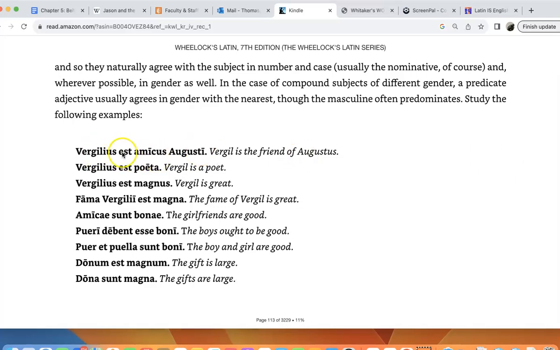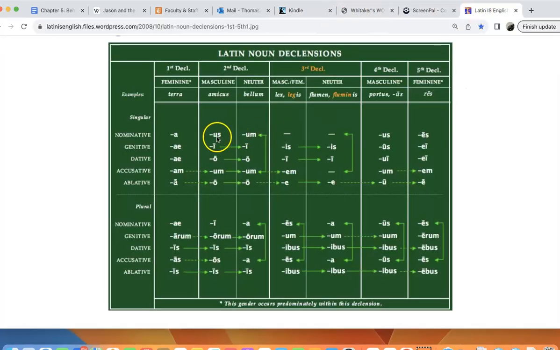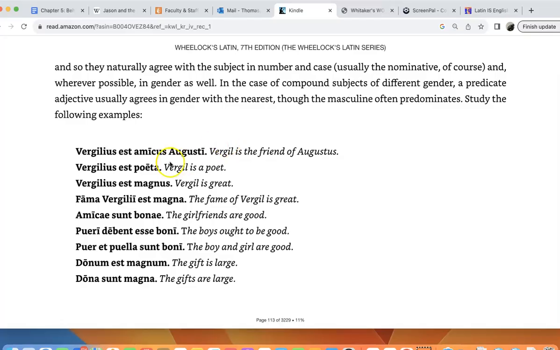Here they have some good examples, and here you can see that Virgilius and amicus are both in the nominative masculine singular. So here we have Virgilius and amicus, and then of Augustus Caesar, first emperor of Rome. So here's our translation.